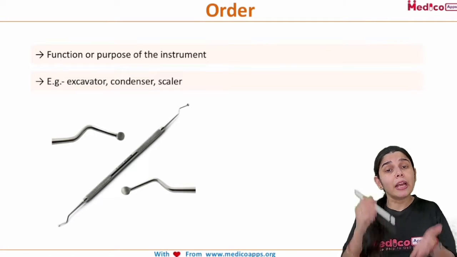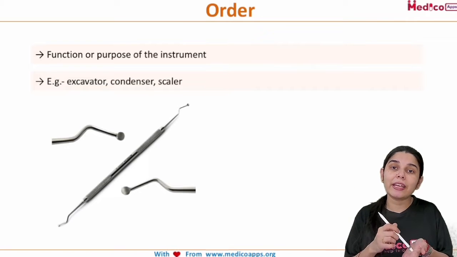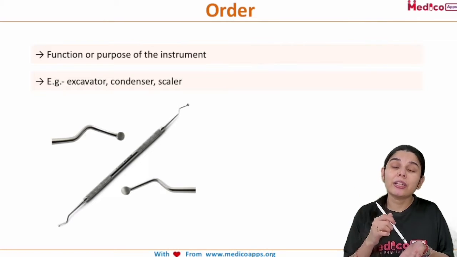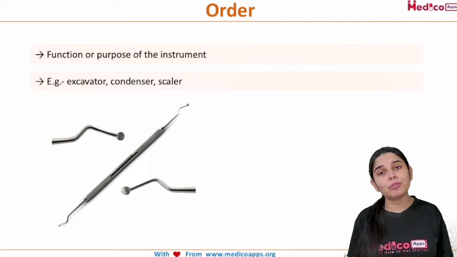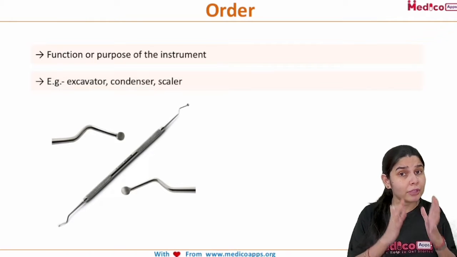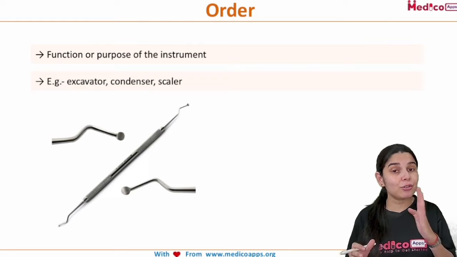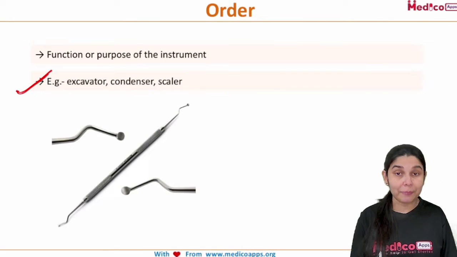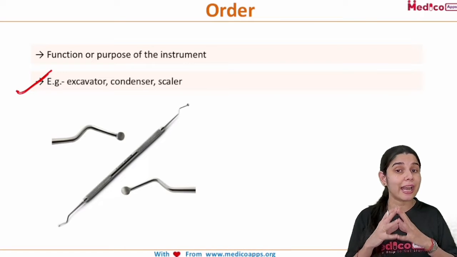Condenser helps in condensing or pushing the material which we are filling in the cavity which we have prepared. And lastly, scaler. Scaler can be used for scaling, which can be used for teeth cleaning. Okay, so the order means function or purpose of the instrument. So please do remember and also remember its name. This is a very basic point which can be asked in the examination.